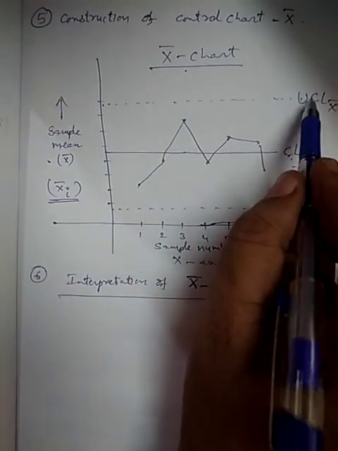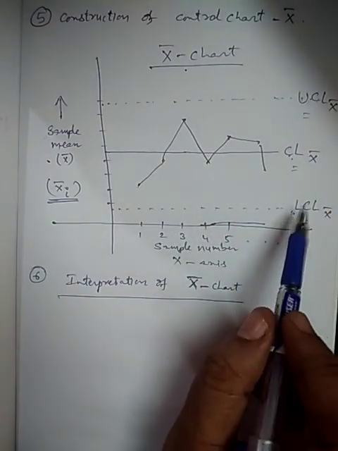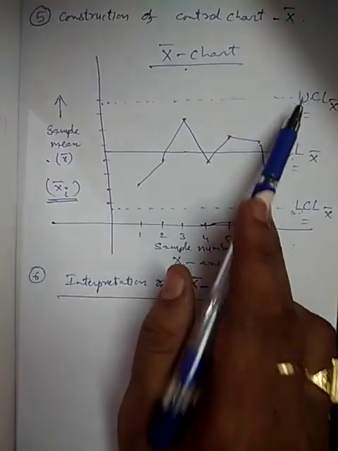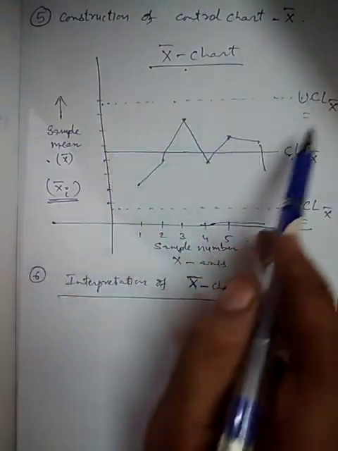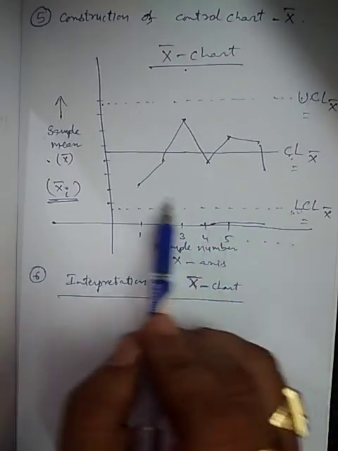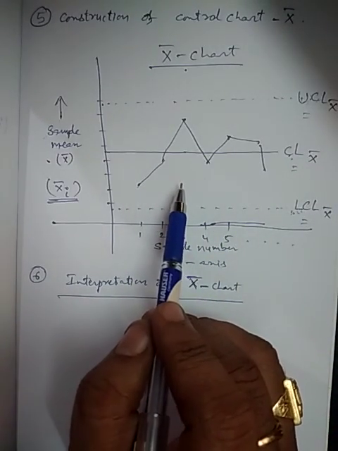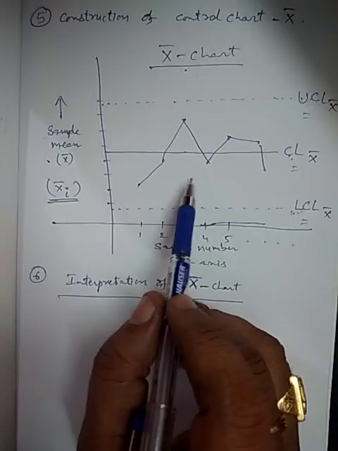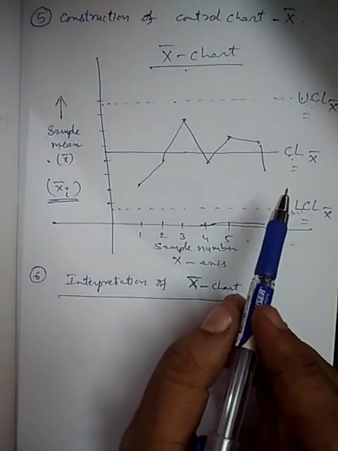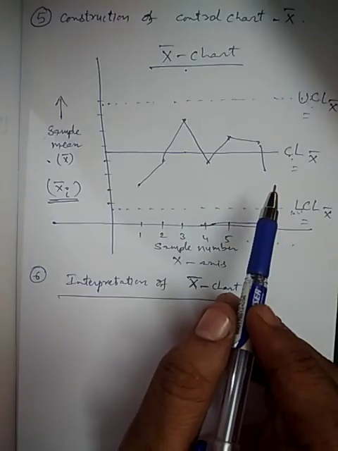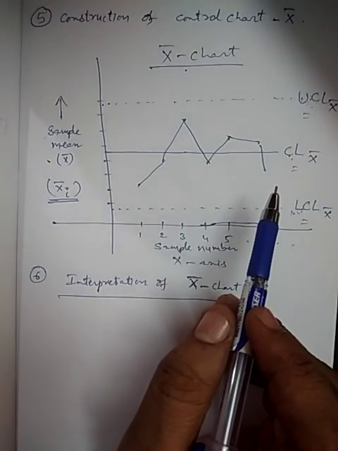Now you see the figure, the x bar chart. If all the points are between the UCL and LCL, which in this particular x bar chart they are, therefore the process is under statistical quality control.